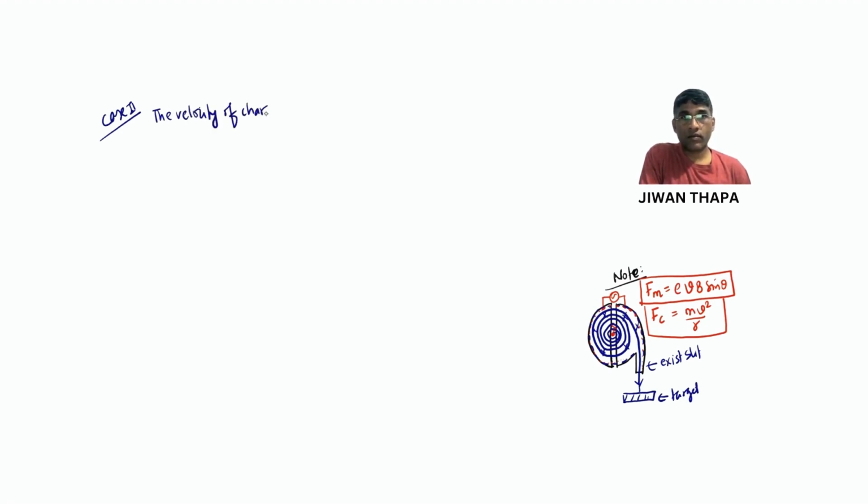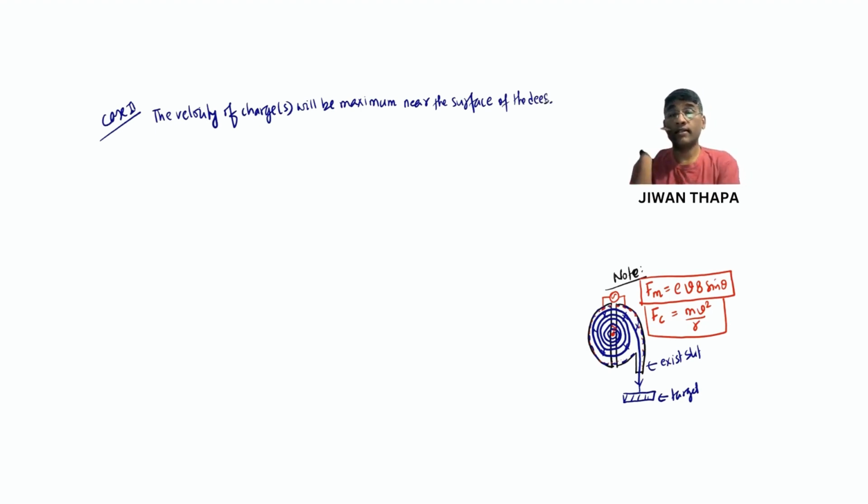So the velocity of the charge or charges will be maximum near the surface of the dees. And since the charge or charges are moving in the presence of a magnetic field, they experience magnetic force, and this is the expression for magnetic force in magnitude.